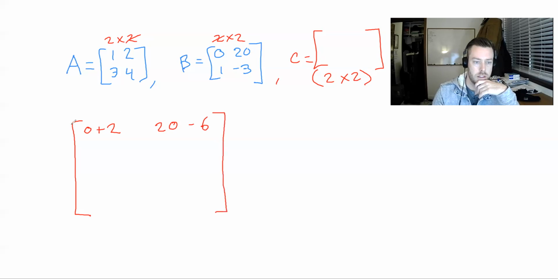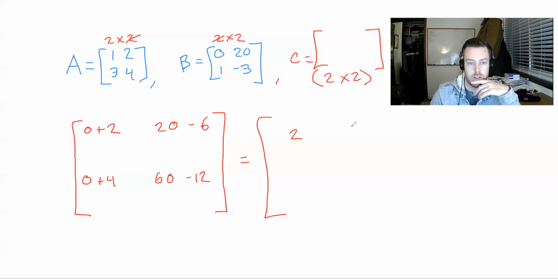Okay. You can kind of see these 2 columns already filling out, which is going great here. Now we're going to go across and down again. 3 times 0 is 0. 4 times 1, 4. 3 times 20 is 60. 4 times -3 is -12, right? Cool. See, we have a 2 by 2 matrix here.